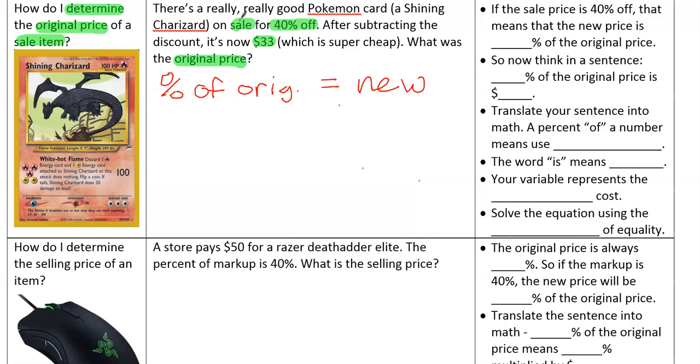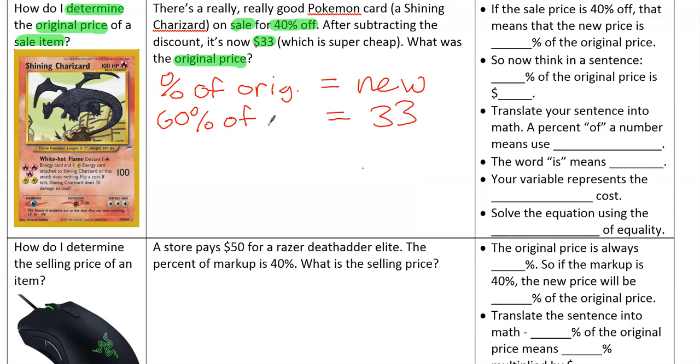Well, if the sale is 40% off, that 40% off is 40 subtracted from 100. So really, we should have 60% of the original price. And now we're going to substitute in for original. Well, we don't know it. We know that the new one is $33, but we don't know what the original price was.